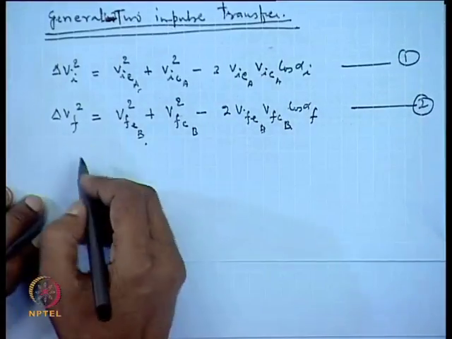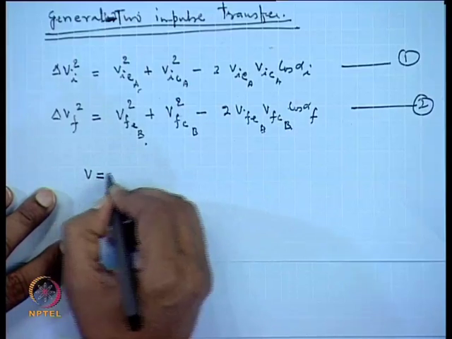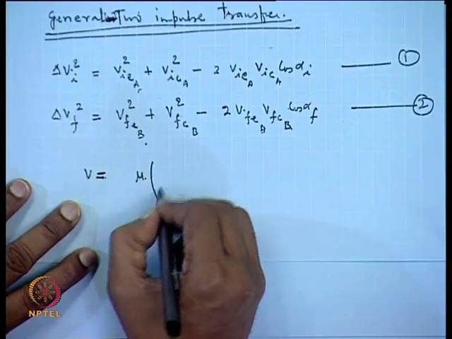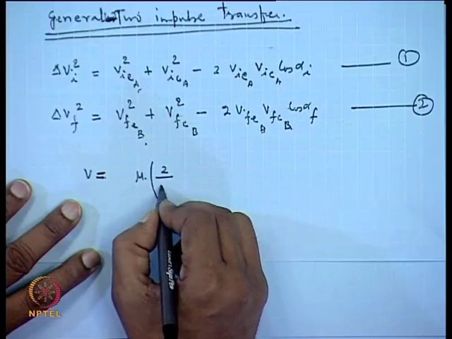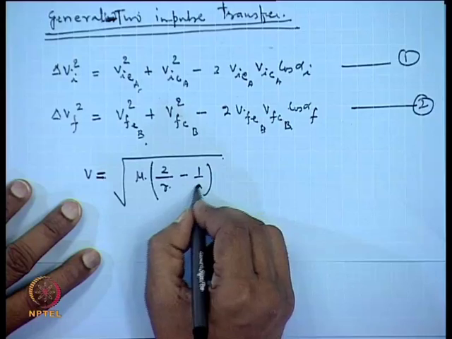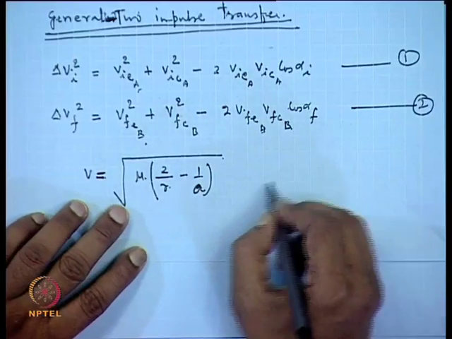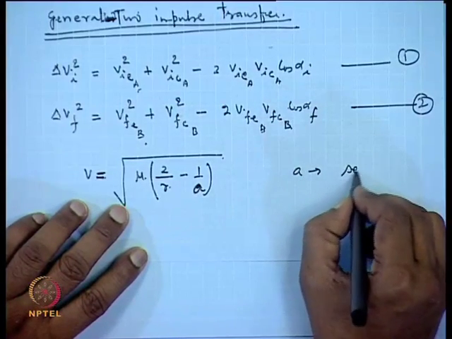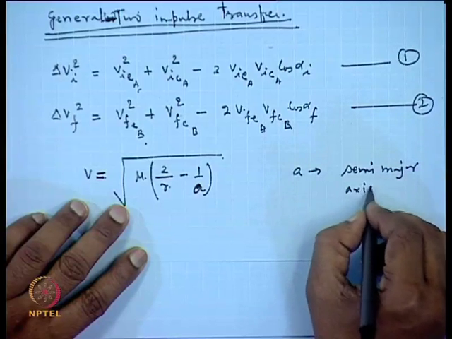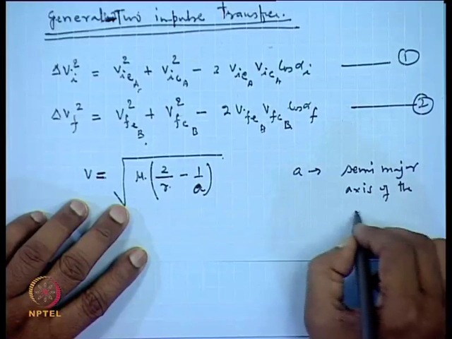Now, we know that V in an elliptical orbit is given by the square root of mu times 2 by r minus 1 by a. Here a is the semi major axis of the ellipse.